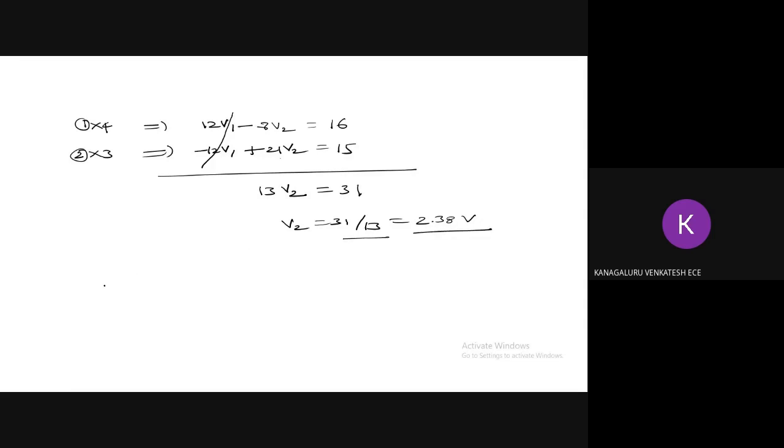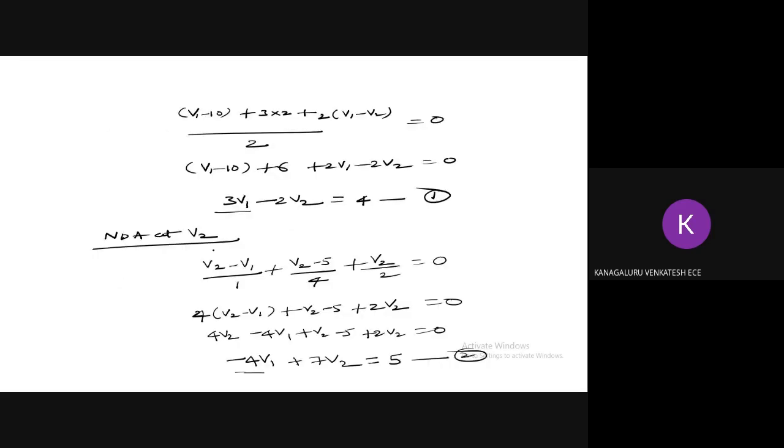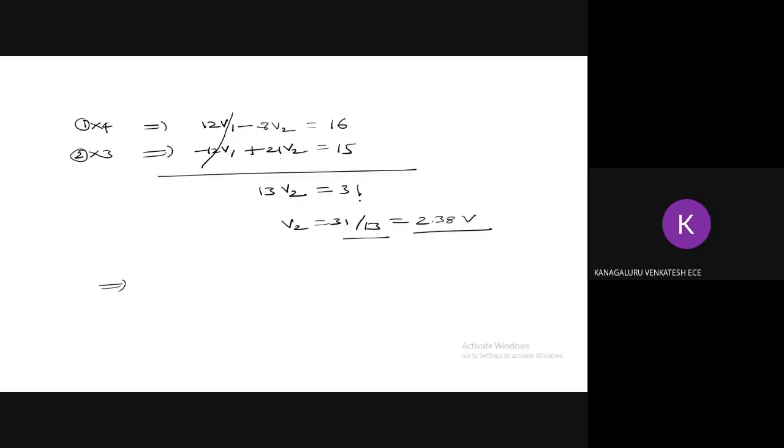Now substitute 2.38 or 31 by 13 in equation 1 or 2, you will get V1. What is equation 1? Sorry. 3V1 minus 2V2 equal to 4. So I'll just substitute here. 3V1 minus 2V2, V2 is nothing but 31 by 13, is equal to 4.